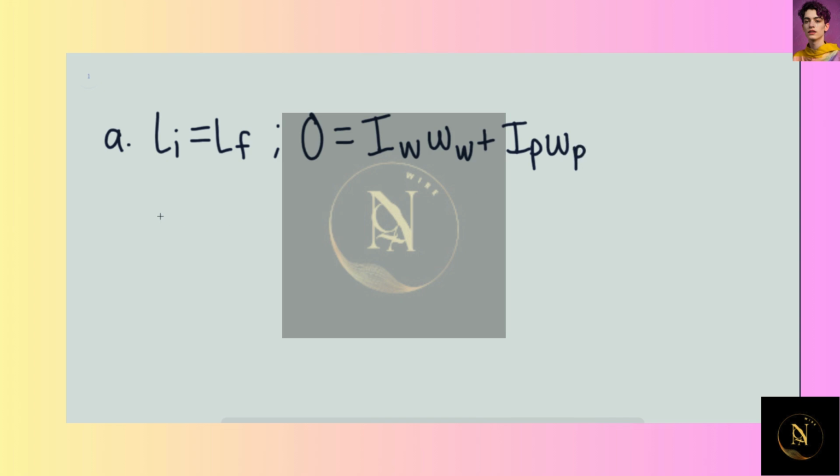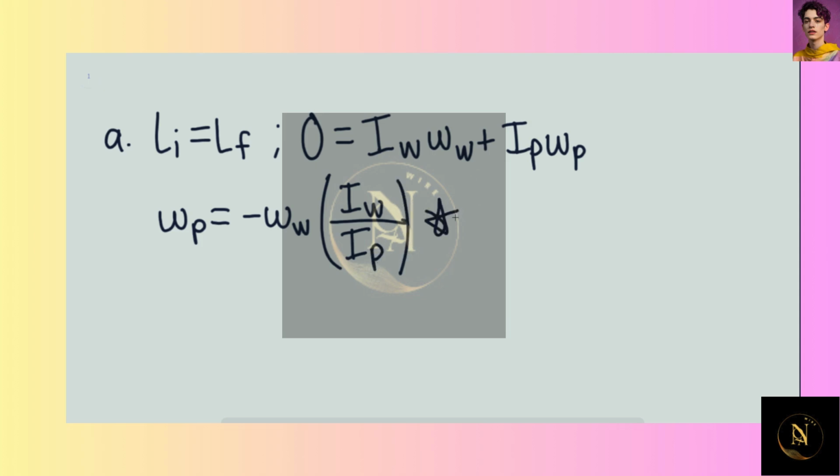Essentially, the angular velocity of the platform equals the negative angular velocity of the wheel multiplied by the moment of inertia of the wheel divided by the moment of inertia of the platform. This is our answer to part A.